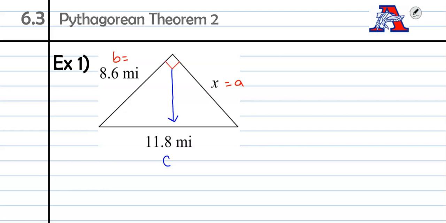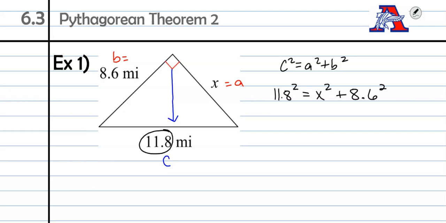Then we're going to use c squared equals a squared plus b squared, and substitute each of our things in. Instead of c, we're going to use 11.8, and make sure it gets squared. Instead of a, we're going to use x, and instead of b, we're going to use 8.6. Same idea as what we did in the first lesson: we want to square those numbers.